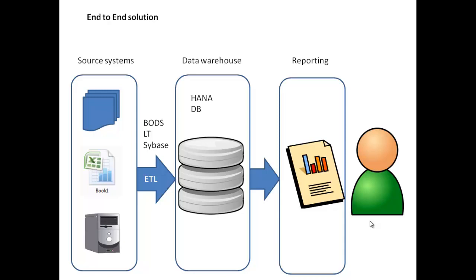And when it comes to reporting, surprisingly, SAP doesn't provide any reporting tool, and that is because SAP HANA will work with any reporting tool, such as Business Objects or even Excel. So it's up to the customer to decide which reporting tool they want to use. So what you get in the box is the hardware, which is the main memory and HANA database pre-installed on it, and the ETL tools, and the customer has to choose his own reporting tool.